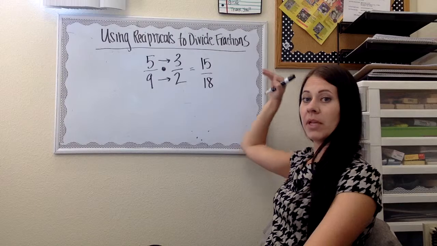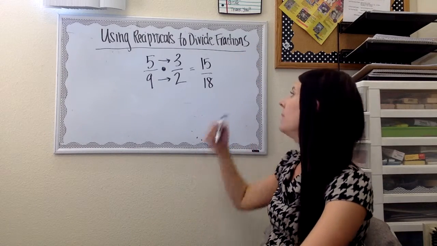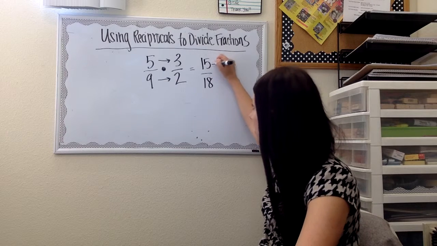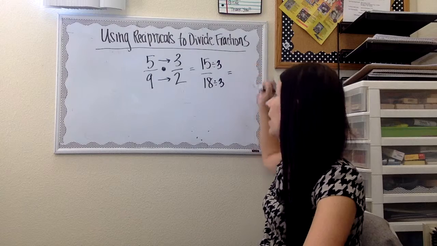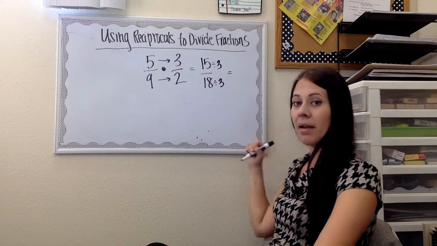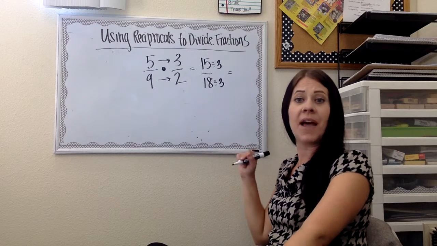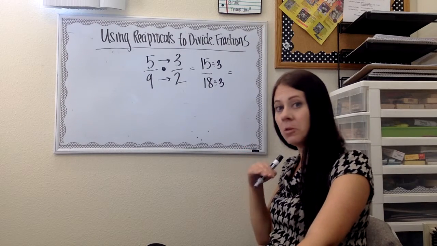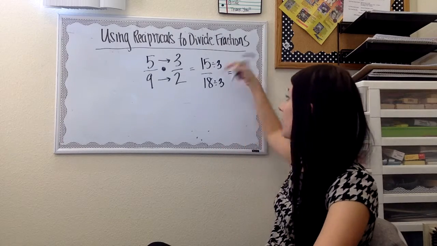So a number that's going into it, not a number bigger than it, a number smaller. Okay, so 3 goes into 15 and 3 goes into 18. So I'm going to divide both the top and the bottom by that same number. Okay, and if there isn't a same number to divide them both by, then that tells you you're done. There is no way to simplify this fraction. Okay, but if there is, you've got to do it.